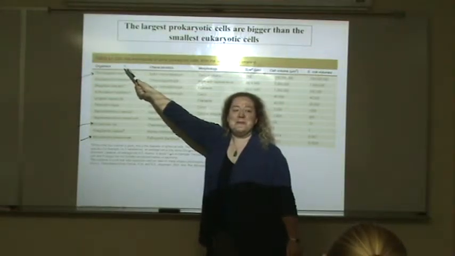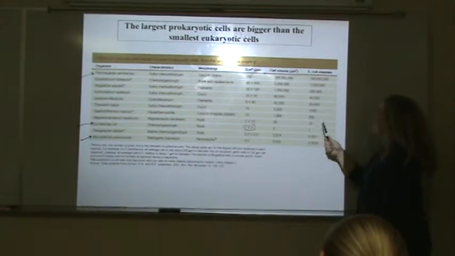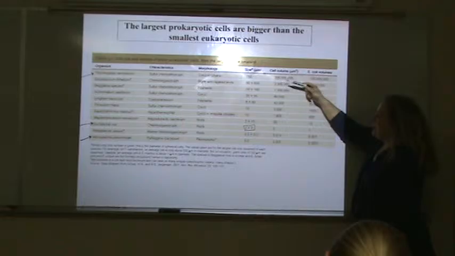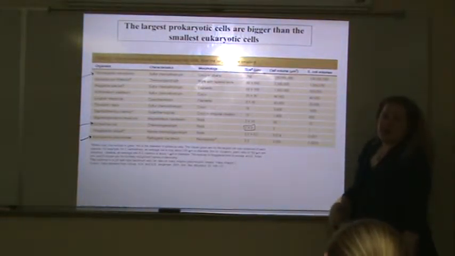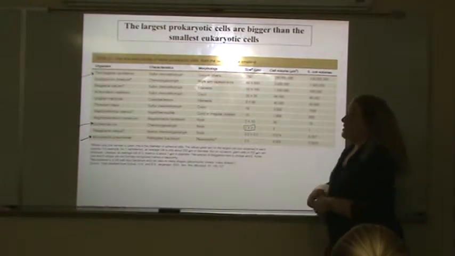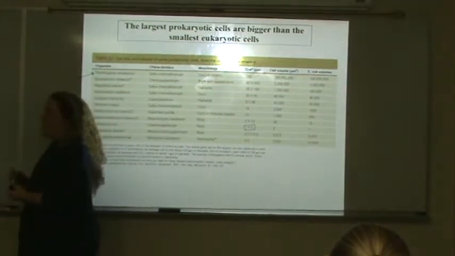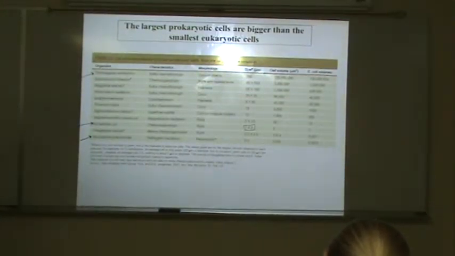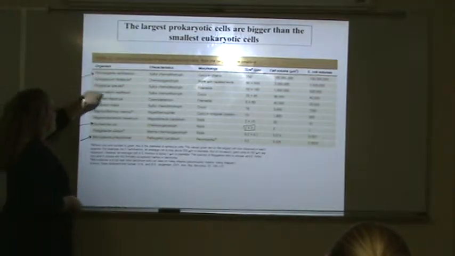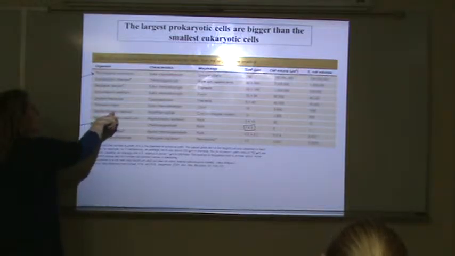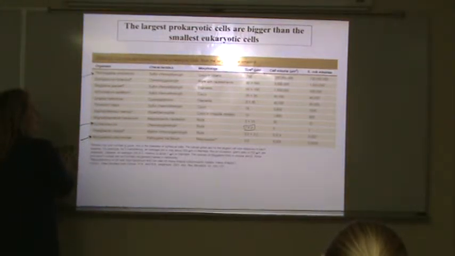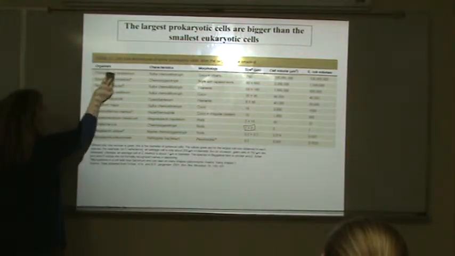Margarita, I'm not sure where that came from, but it's enormous. So some of the biggest prokaryotes are bigger than the smallest eukaryotes. So not all prokaryotic cells are tiny. And then you could also quiz yourself, what are their names? There's a thio, Staphylothermus marinus. You can guess things about them just knowing their names.